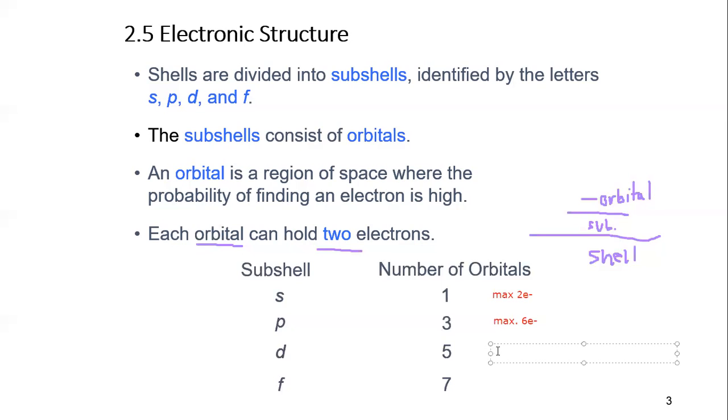And then the D subshell can hold a maximum of 10 electrons. And then finally F, a maximum of 14 electrons.